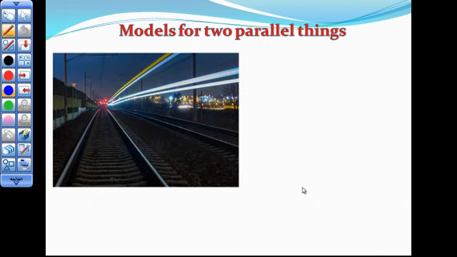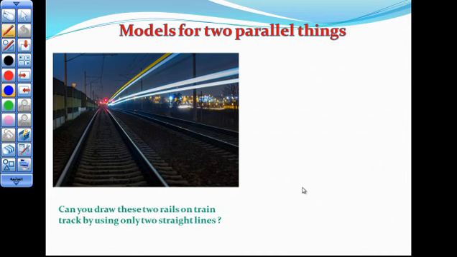What can you see in this picture? Of course, you are going to tell me it is the rails on a train track. Exactly, you are right if you said that. Can you draw these two rails on a train track by using only two straight lines?